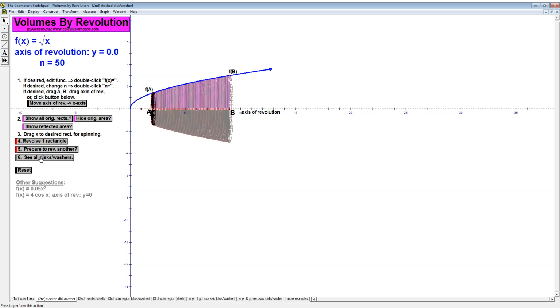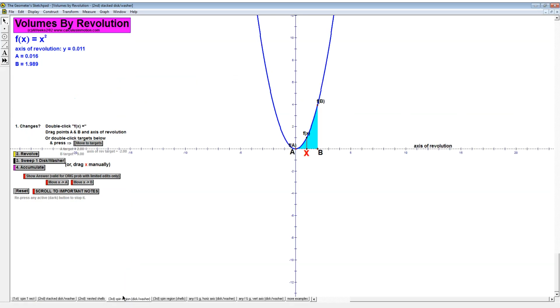So when we get to example number 11, we have the function f of x equal to x squared, and we're interested from 0 to 2.